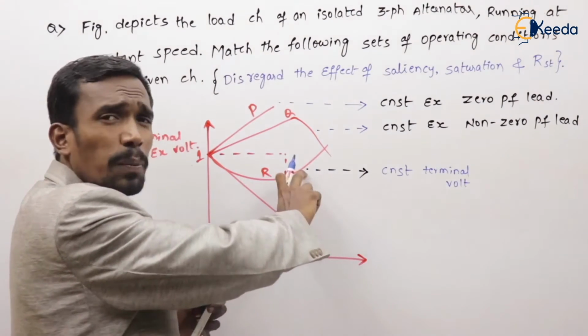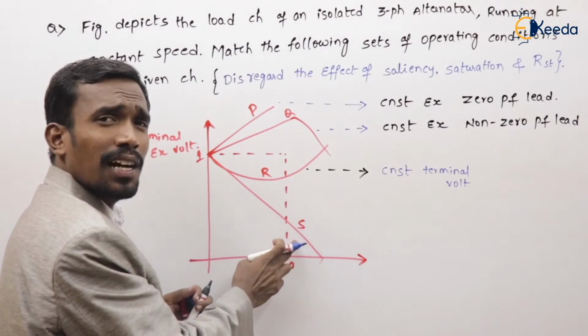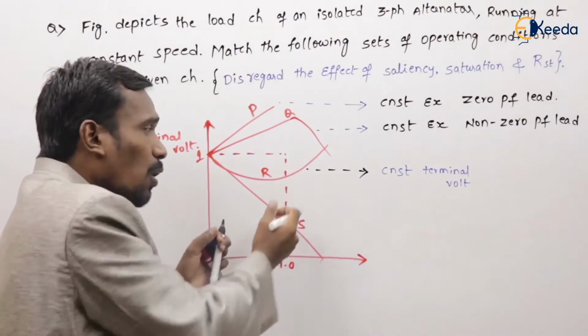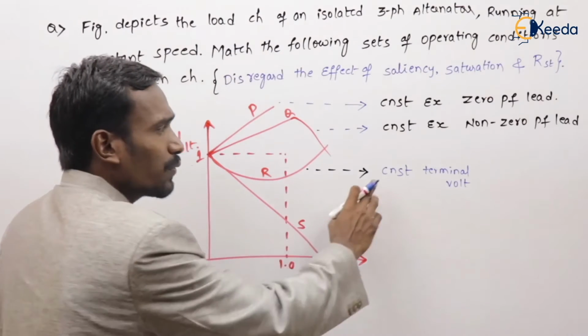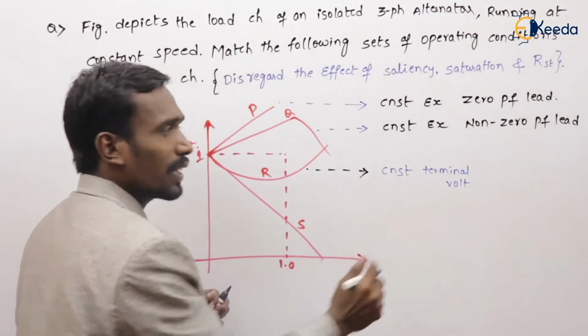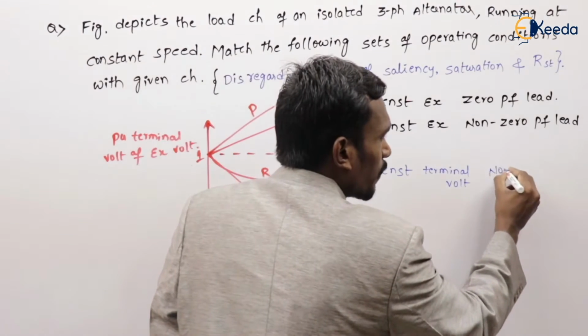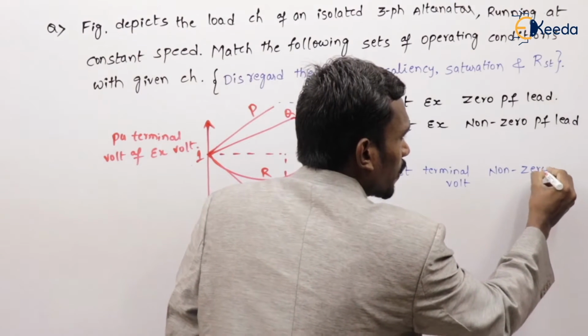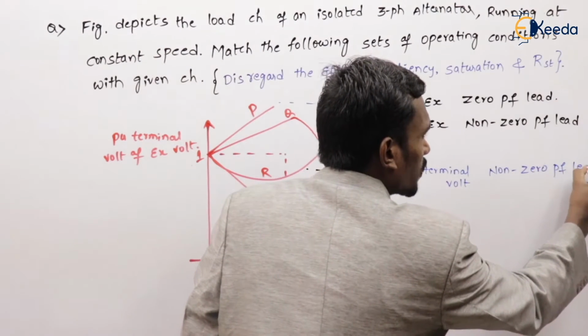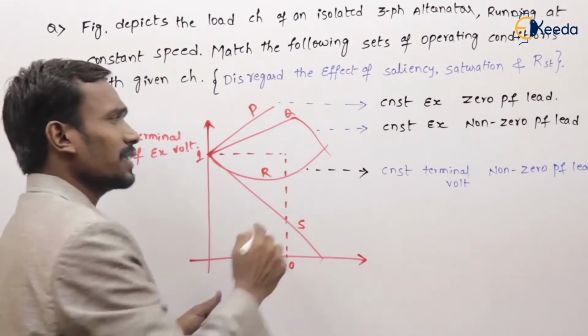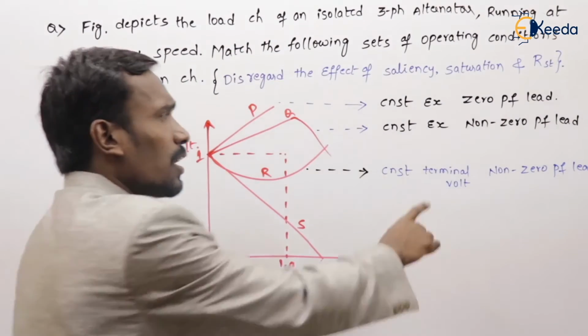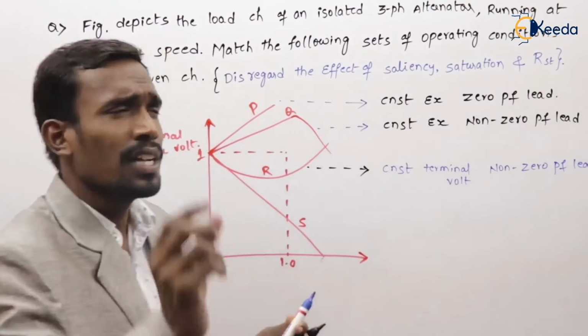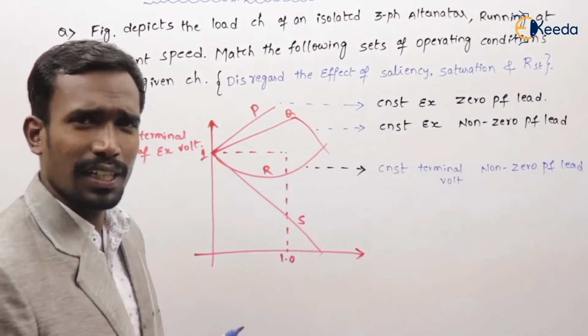This is non-zero power factor leading and this is zero power factor leading. More leading, less leading. That's why this represents constant terminal voltage, non-zero power factor leading.